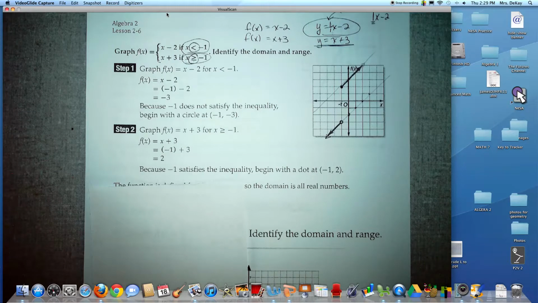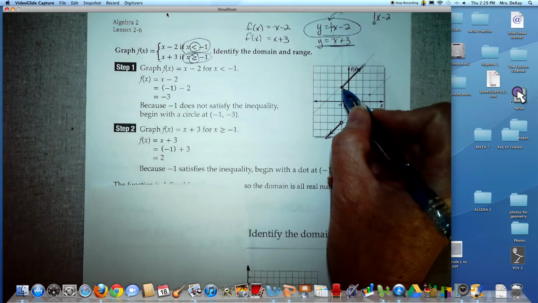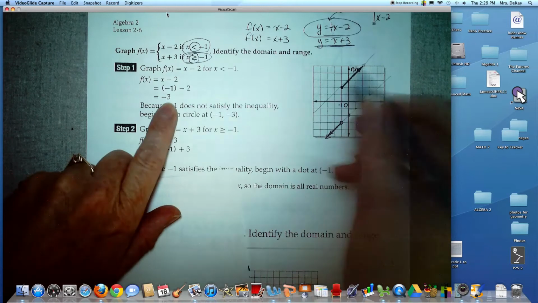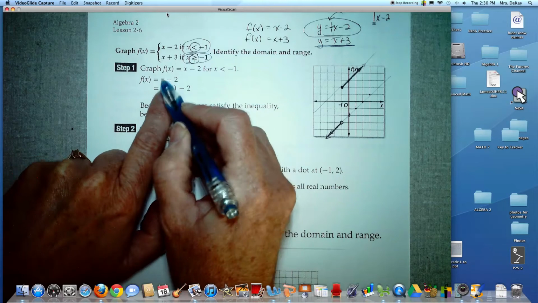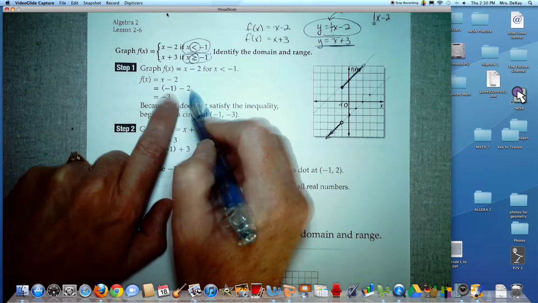So what happened? He noticed that this dot, the reason this dot is there, I can tell you right now, is because they put -1 into this equation right here, did the math and got this.